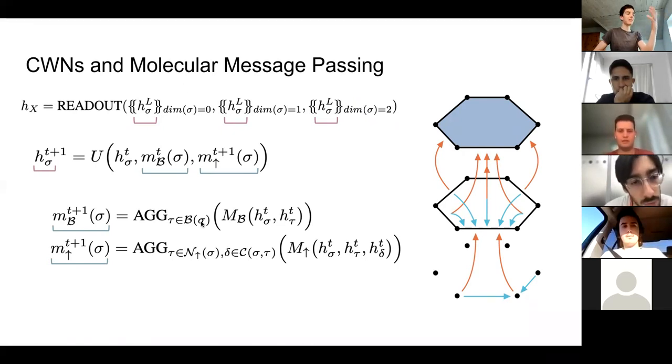So one is the boundary one. Yes. Okay, we have two kinds of messages, but in every CW network that you try on the different benchmarks, you always have these two kinds of messages that use both the boundaries, the upper adjacent and the co-boundary. Yes, yes. This is the same architecture we use for all benchmarks.